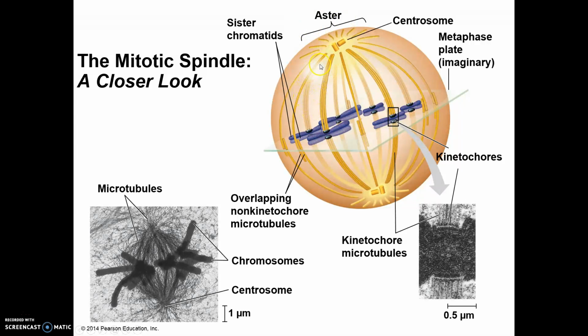We have two major types of microtubules coming off of here. We have non-kinetochore microtubules that overlap each other and are actually pulling these two spindles apart. We have the kinetochore microtubules, which are actually attaching to the chromosomes.